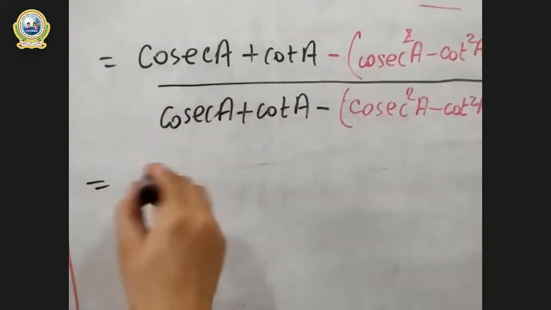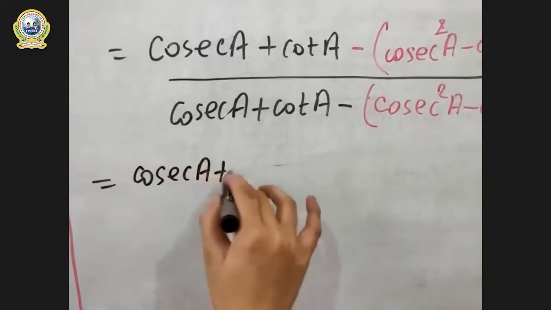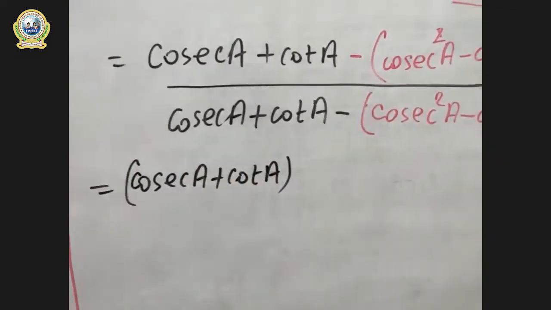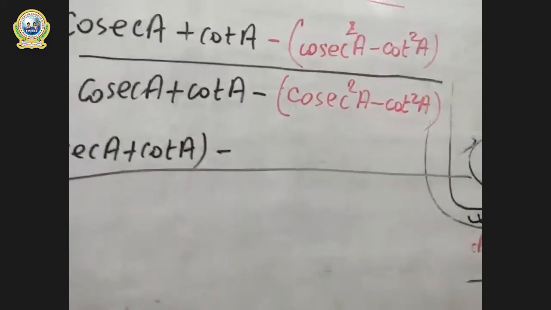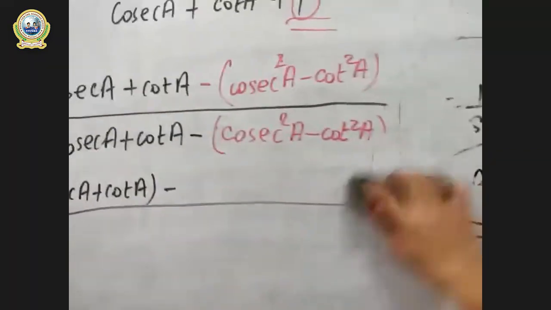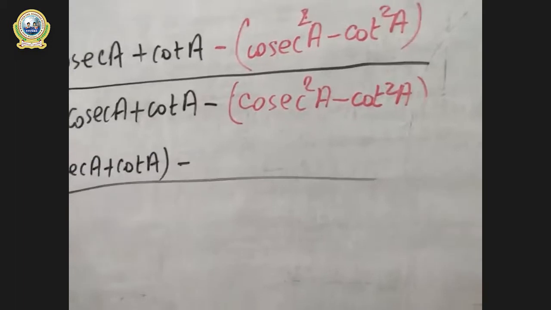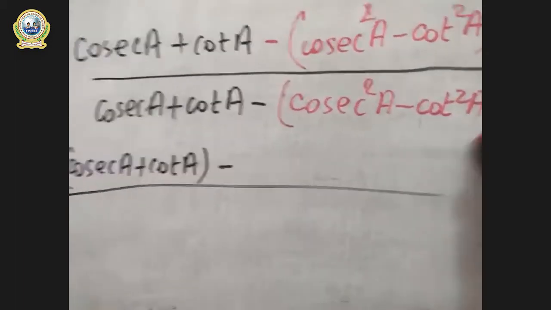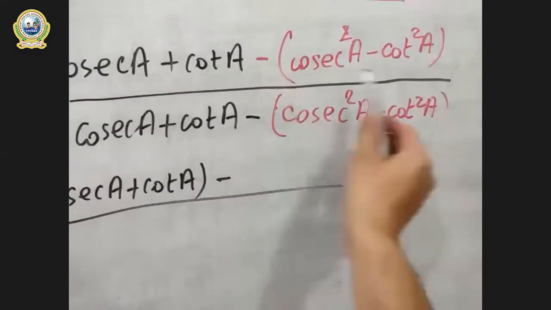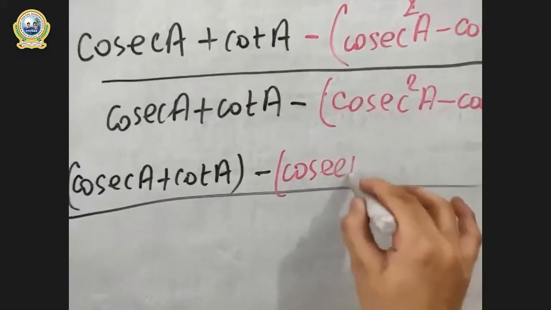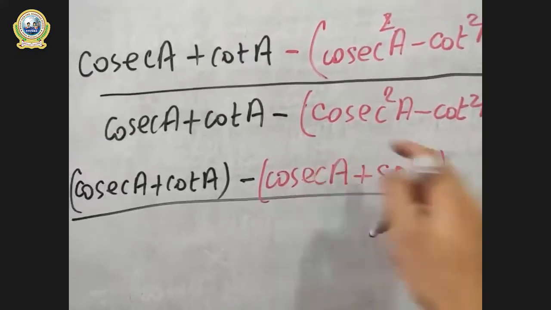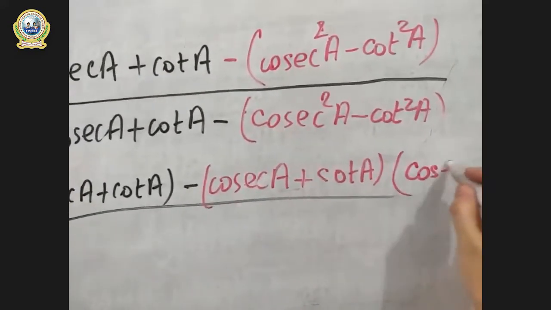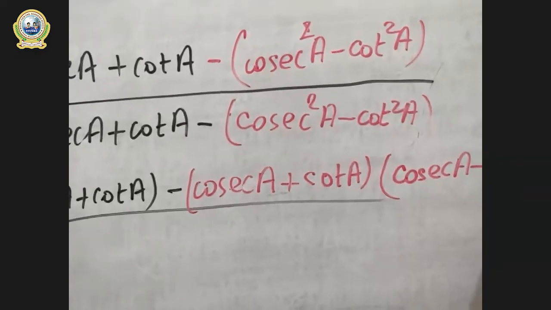So now this will look like cosec A plus cot A, and let's put it inside the bracket, okay? And use the denominator sign and minus. Let me clean the board to create some space. Now it is clear. Now we will write A square minus B square is A plus B, A minus B. Is this clear?